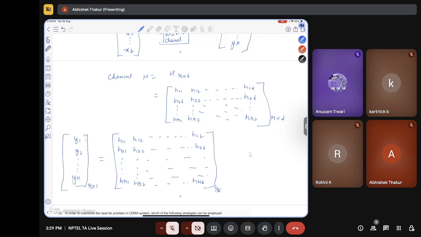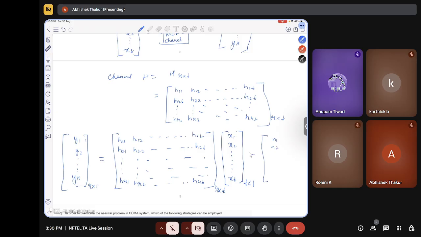This channel is R cross T, and it is multiplied with our transmit symbol X, that is X1 to XT. Also, we can see that T and T should be equal, then only this matrix multiplication can happen. And plus the noise vector.